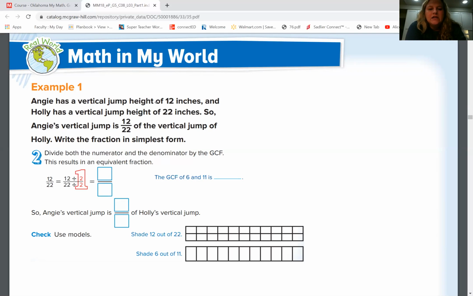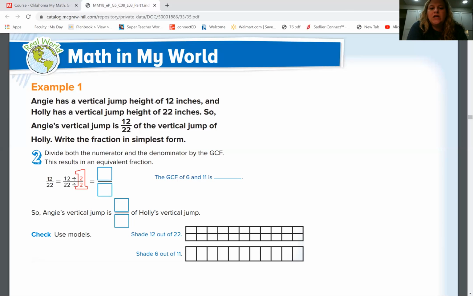Okay. Now that our new fraction is 6 over 11, the reason they're asking what is the greatest common factor of 6 and 11, well, if we were to write these out, you would get 1 and 6, 2 and 3. 11 would just be 1 and 11. The only number they share is 1. So if you listed the factors of 6 and the factors of 11, the only thing they share is 1.